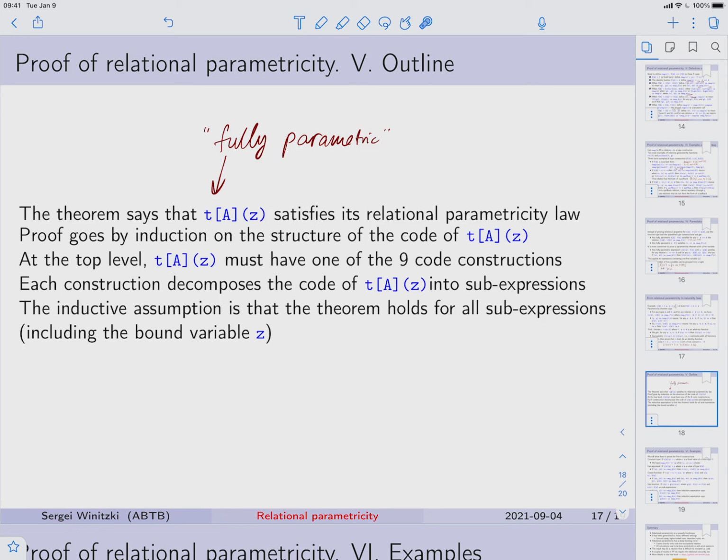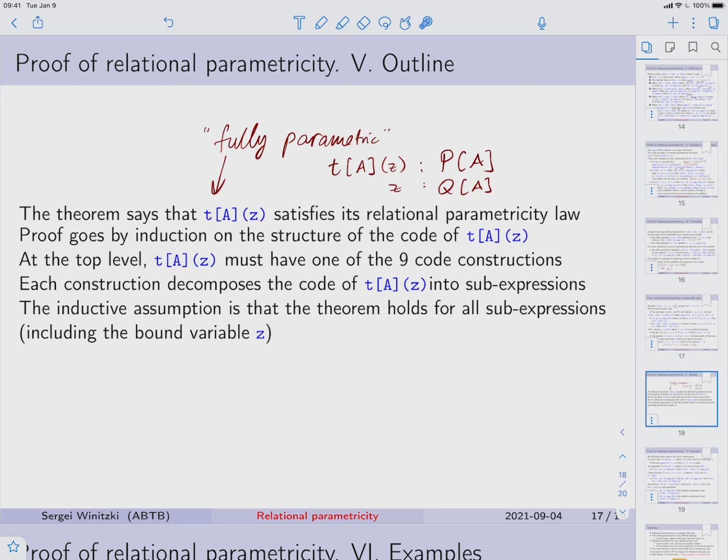But of course, each time it will be a different type, because the relational parametricity law depends on the type. So T of A of Z is type P of A, and Z is type Q of A. When we decompose this T into sub-expressions, then we'll have perhaps different types P and Q for each sub-expression.